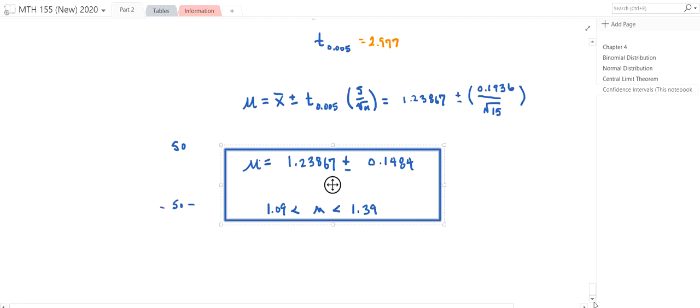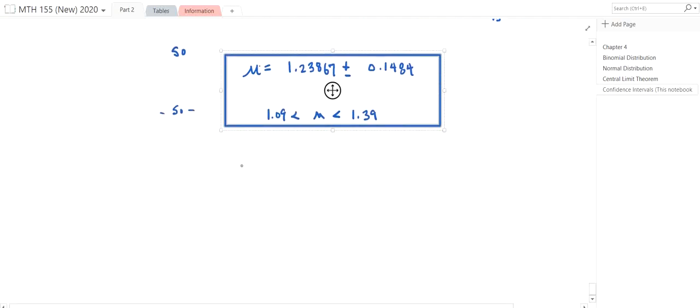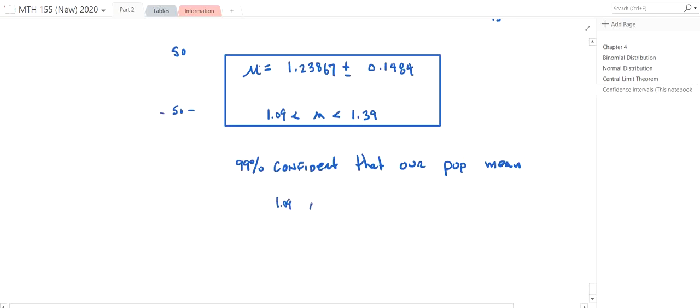So what I did was, I am 99% confident that our population mean, or the average amount of time that our printer heads will last, is between 1.09 million and 1.39 million characters.